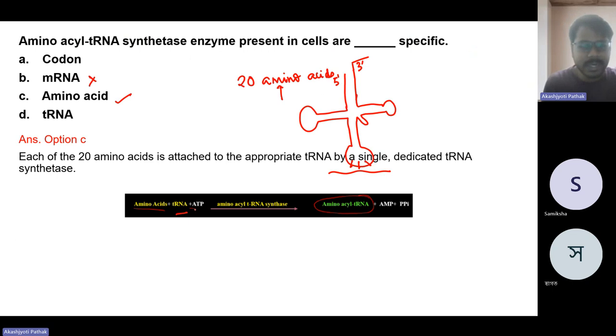So this is the general reaction: any amino acid plus tRNA plus ATP, acted upon by this enzyme. This enzyme is catalyzing the reaction, and you get amino acyl tRNA plus AMP plus PPi.